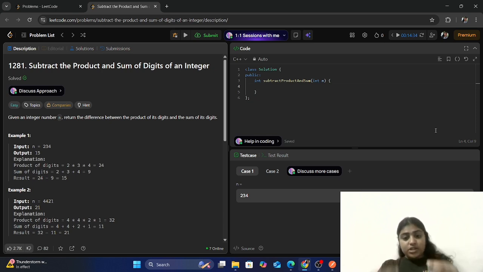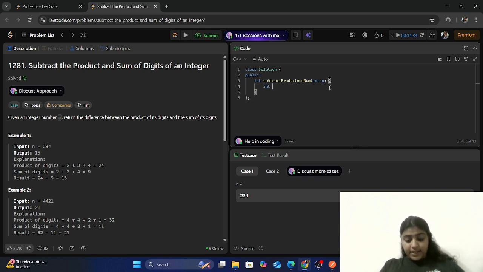Once all the digits are processed, we will subtract the sum from the product and return it. This is a very straightforward approach with order of log n time complexity, since we are processing each digit once. Now let's walk through the code and understand it.